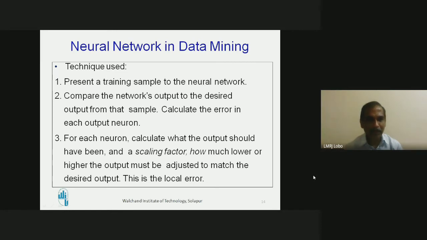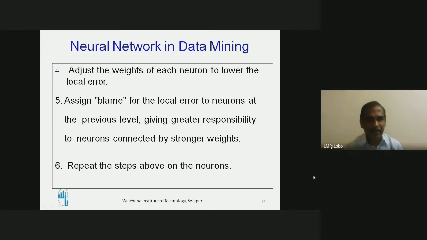This is a local error. Adjust the weights of each neuron to lower the local error, and then assign blame for the local error to the neurons, so that we have an output generated with stronger weights. Repeat the procedure until all neurons are visited.